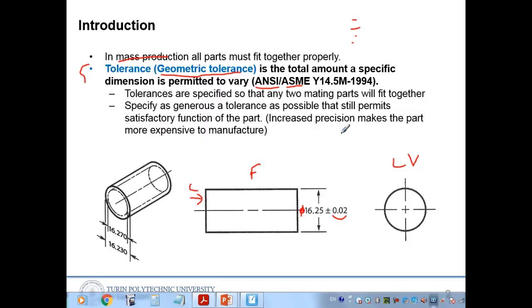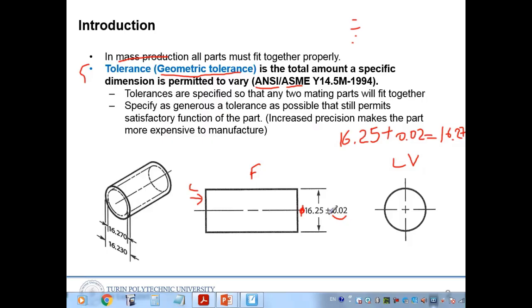The upper limit is 16.25 plus, in this case, 0.02. If you sum these two values, you will get 16.27.